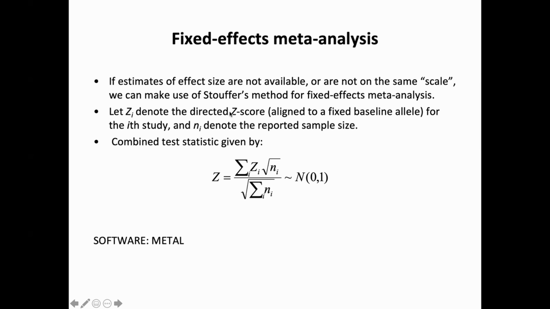You first calculate the z-score from your p-value, and then you will again weight it by the n, and you will combine those statistics from across your populations to get the meta-analysis p-value.